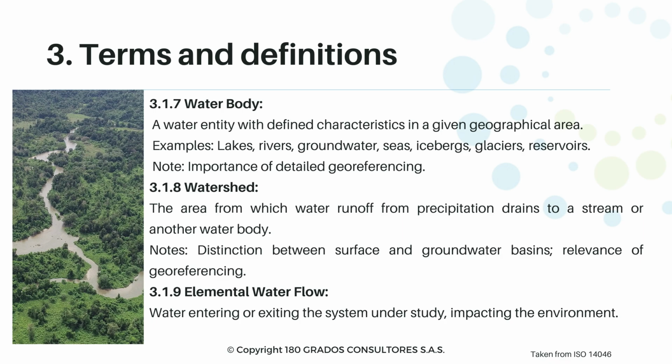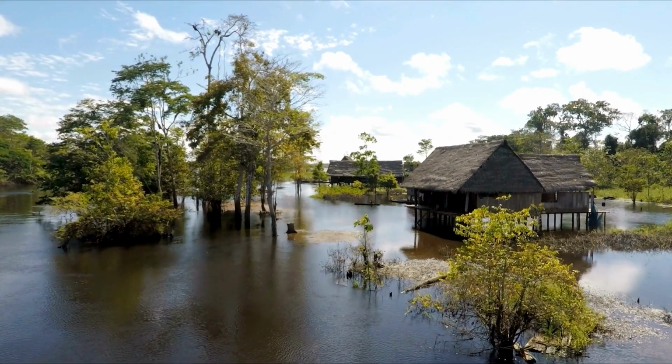Detailed georeferencing of these water bodies is essential for accurate water footprint assessment. Another important concept is the watershed, which encompasses the area where water runoff from precipitation drains into a stream or water body. And it's very different, the watershed and the water body.